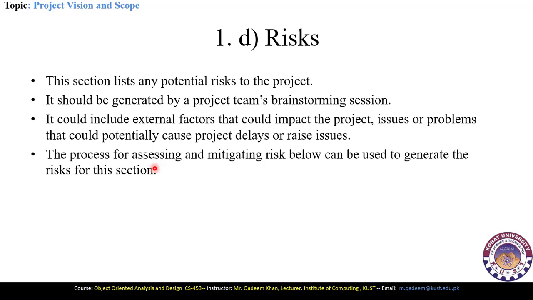The process of assessing and mitigating risk below can be used to generate the risks for these sections. So we have multiple risk resolution techniques which can resolve the risk. For example, if there is the risk of project delay due to staff turnover, then one technique is that the project tasks should overlap among the different staff members.